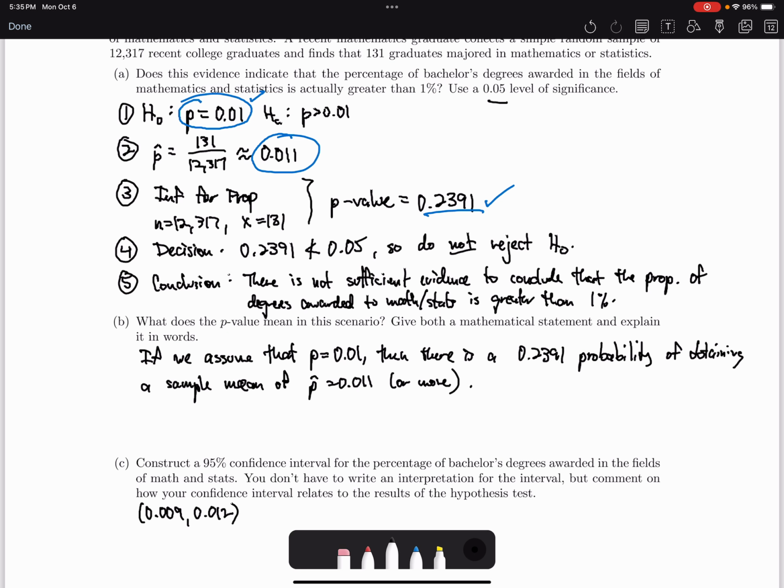So there's the explanation in words. In math symbols, we might say something like this, right? Probability that p hat is greater than or equal to 0.011, given that p equals 0.01, equals 0.2391. And that's our p-value.